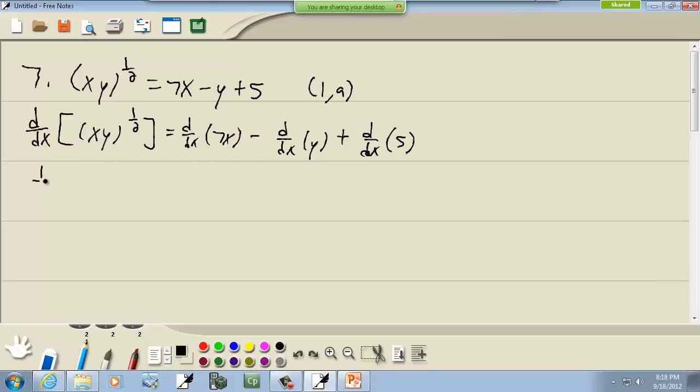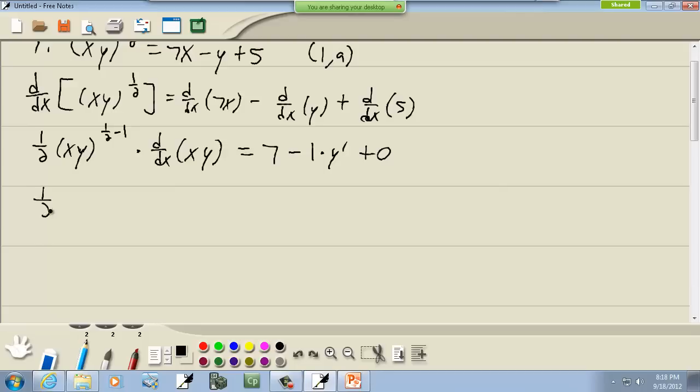So you take your power and put it out in front, what's inside the parentheses remains as is, lower your power by 1, and then multiply times the derivative of what's inside the parentheses, which is xy. Then the derivative of 7x is 7, minus the derivative of y, which is 1, but then we have to add on our y prime. And the derivative of 5 is 0.